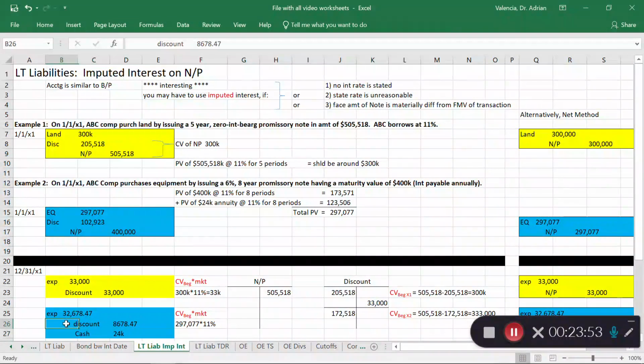Whereas the additional amortization right here, that relates to that difference in interest that you really have to pay. In other words, you pay 11 and they're saying it's 6, so it's kind of like accounting for that 5% difference, if you can see it that way. Here, this would be like the 5% difference that's going on.